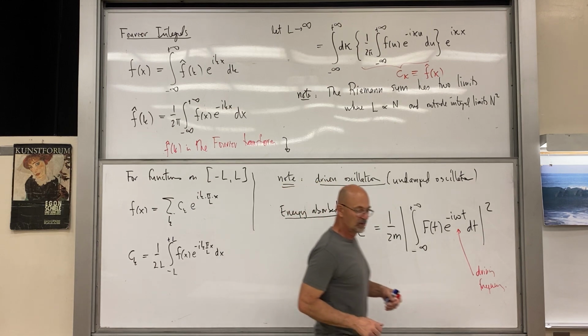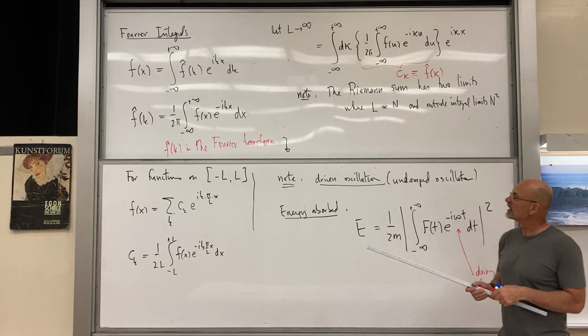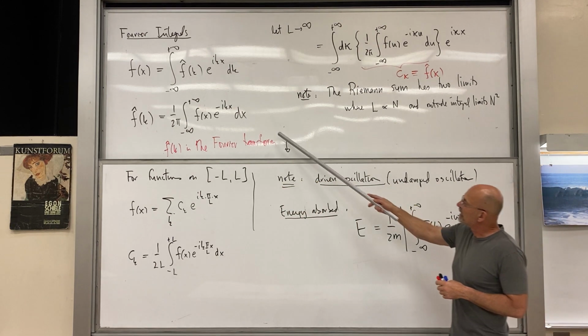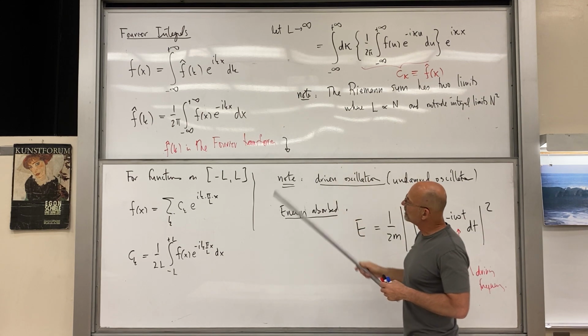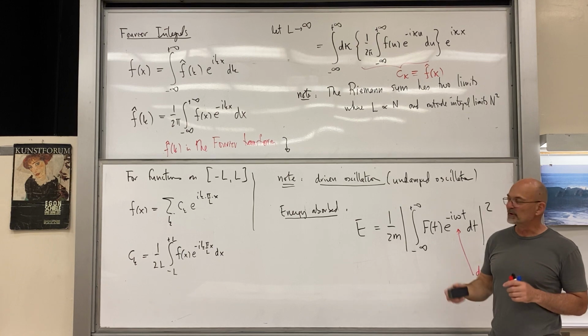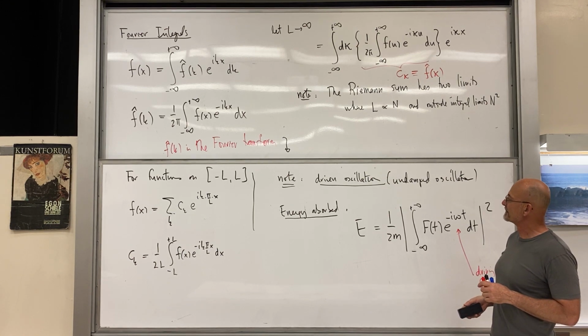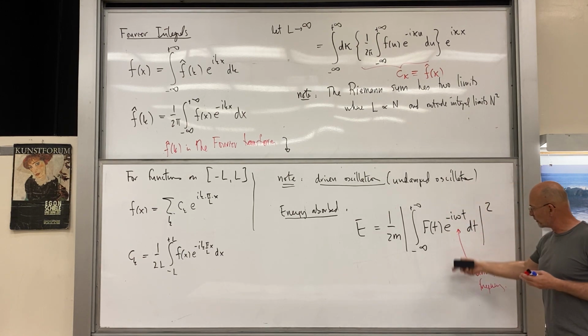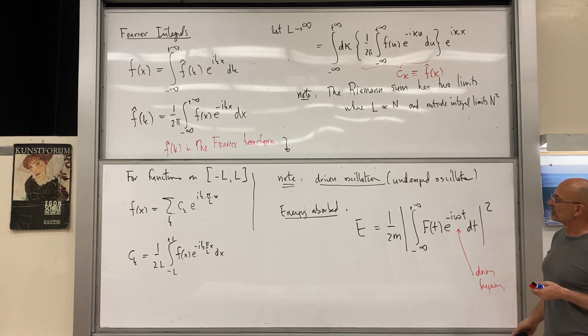So what I'm going to do next is leave this up here and do an example or two. Maybe leave something for you guys to calculate as well. This was referring back to what we had done earlier.